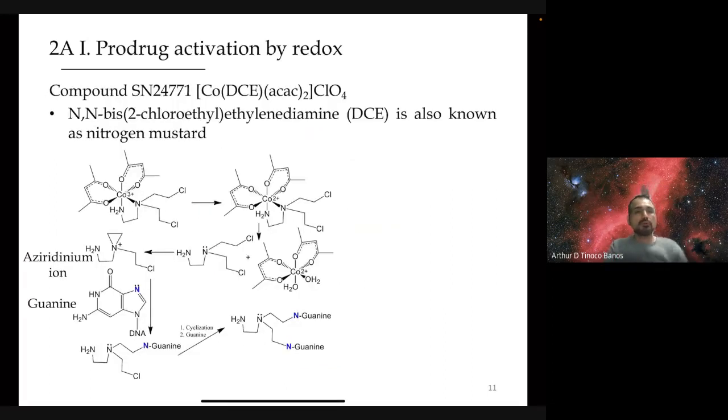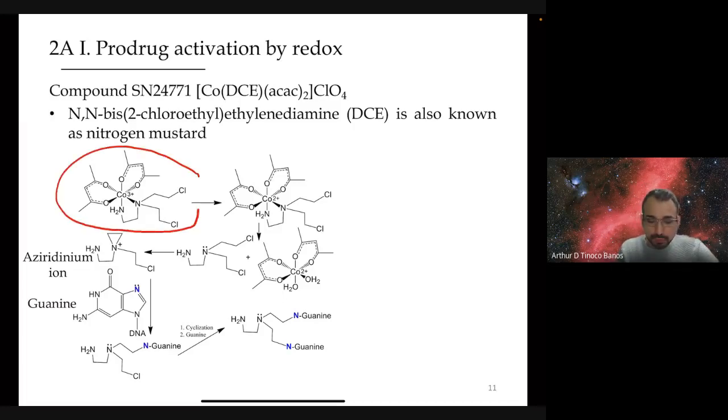All right, so here we have an example of a compound that's exploiting coordination to cobalt. This is compound SN24771, in which we have this ligand N,N-bis-2-chloroethylethylenediamine, abbreviated DCE, which is also known as nitrogen mustard. So here we have the Co(III) compound, which has the DCE ligand.